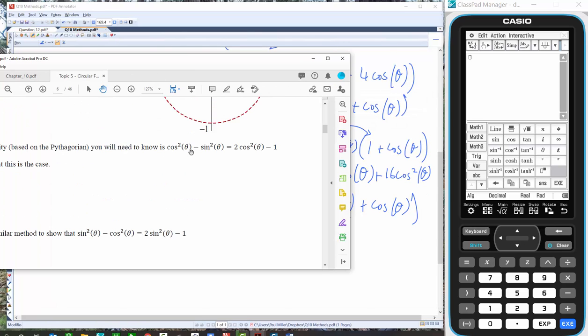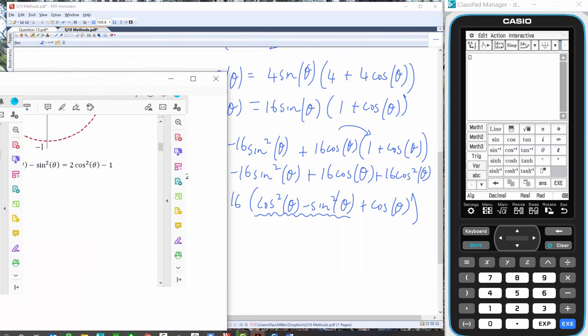We've got two versions of the same identity here. So if I've got cosine theta all squared take sine theta all squared, I can replace it with this thing here. I've done that bit prior to this and it's shown you why or how. So let's do that.